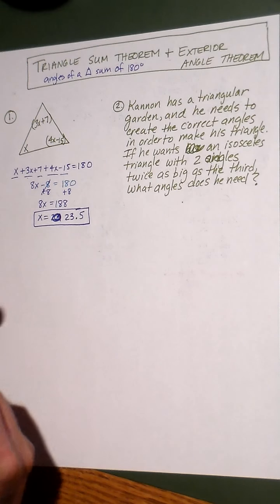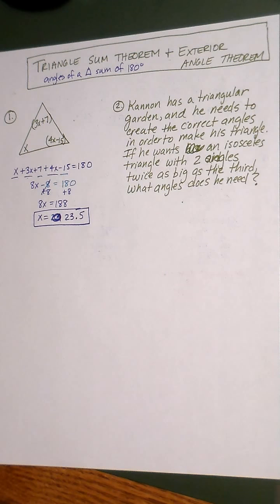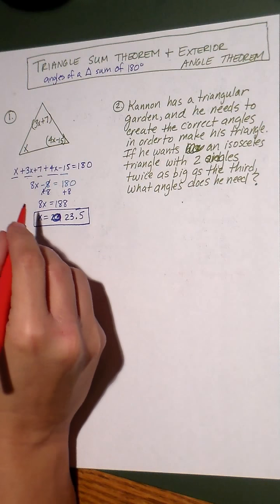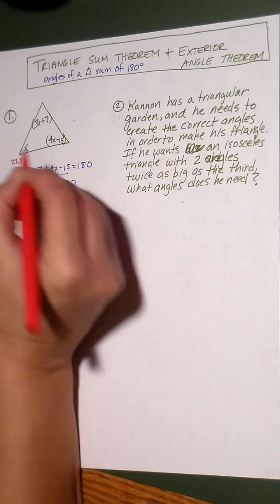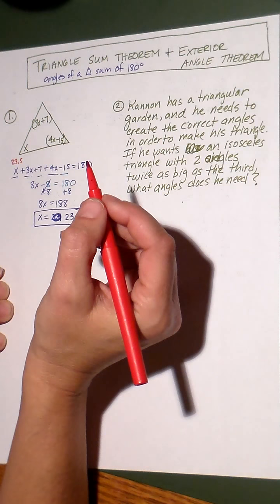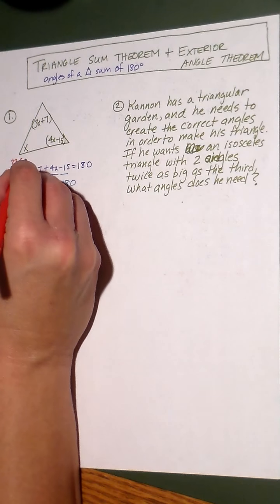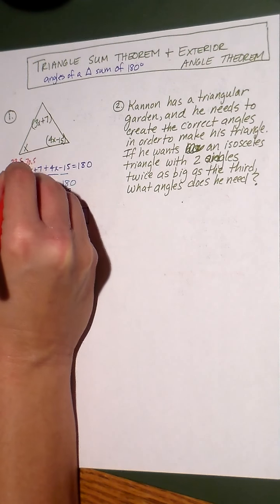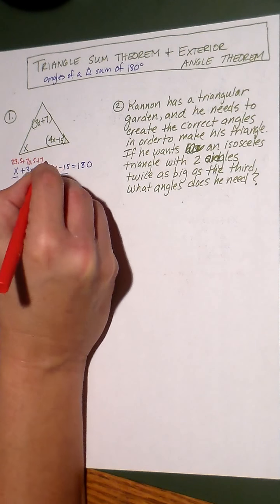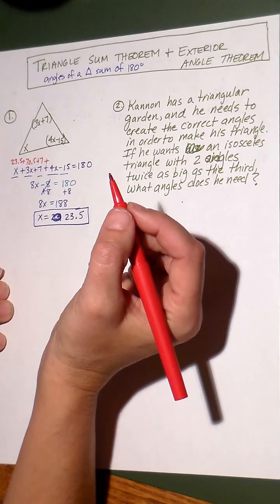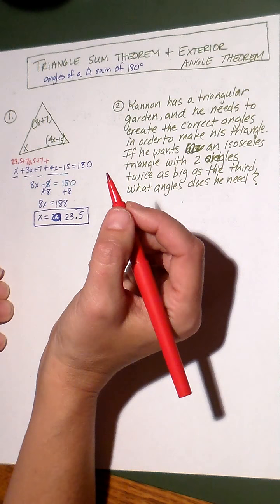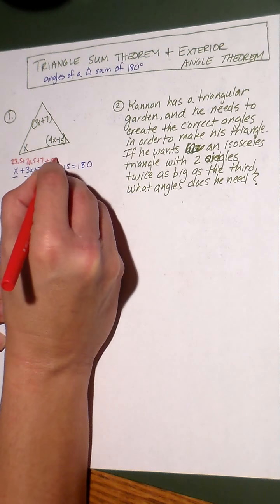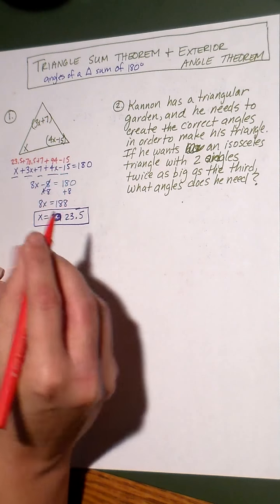If you want to check your answer, and it is okay to get decimals, by the way. You don't always have to get whole numbers. I'm going to plug in 23.5 here. I have 3 times 23.5, which would be 70.5, plus 7, plus 4 times 23.5, which is 94, minus 15, and that should give me 180.